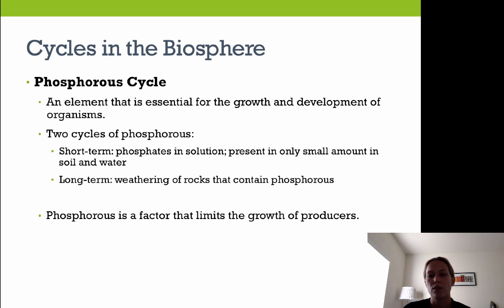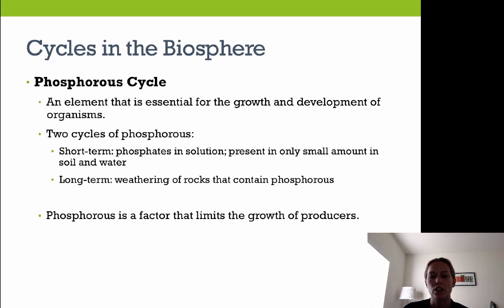So when phosphates are in solution, you've got that short-term cycle taking place. And then the long-term cycle of phosphorus is the weathering of rocks that actually contain phosphorus. When phosphorus is found in rocks, it takes a longer time for that phosphorus to cycle throughout the biosphere.